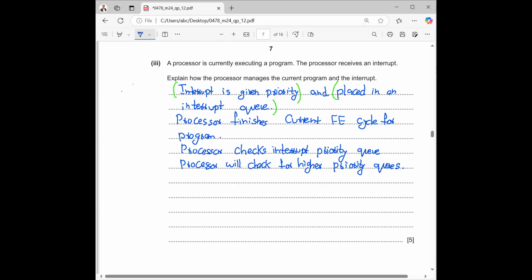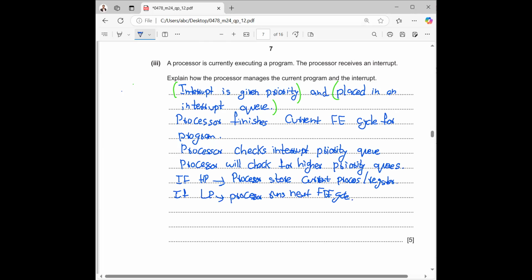If higher priority, then the processor will store current processes or registers. If low priority, the processor runs the next fetch decode execute cycle.